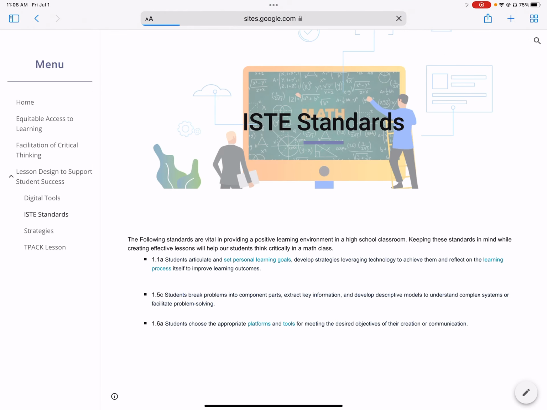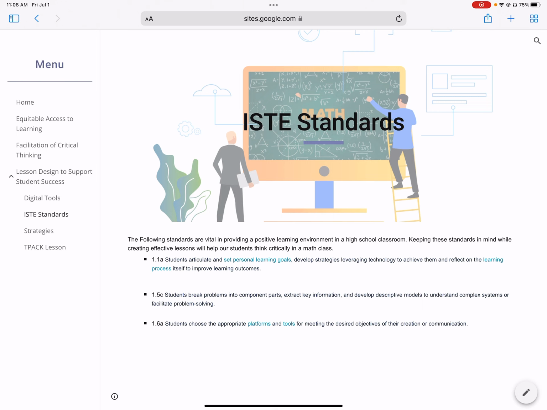Couple of the standards that I think are very important in terms of mathematics are 1.5C, that students break problems into component parts, extract key information, and develop descriptive models to understand complex systems or facilitate problem solving.